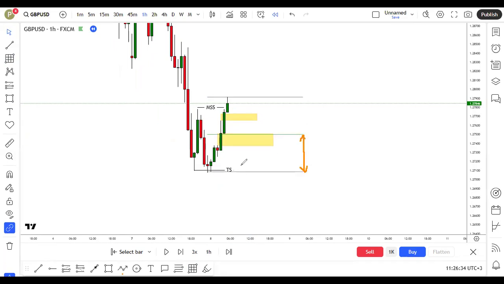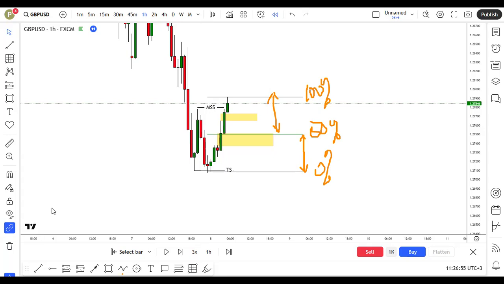Any fair value gap or order block somewhere here is good for us to look for buys, but not above this 50%. This is 100% of our range, and this is 0%. From 0 to 50, that's our discount. From 50 to 100, that's our premium level.